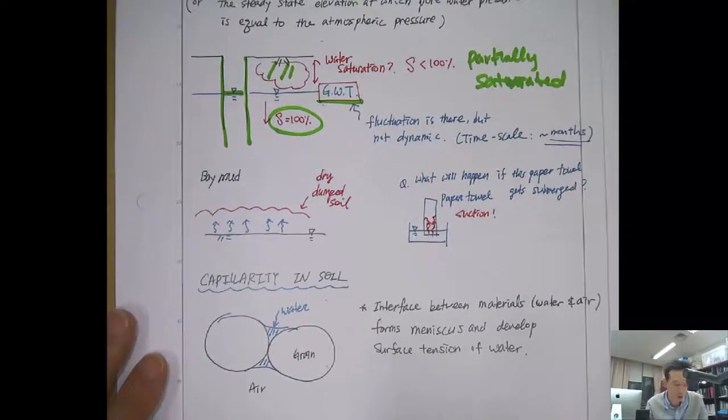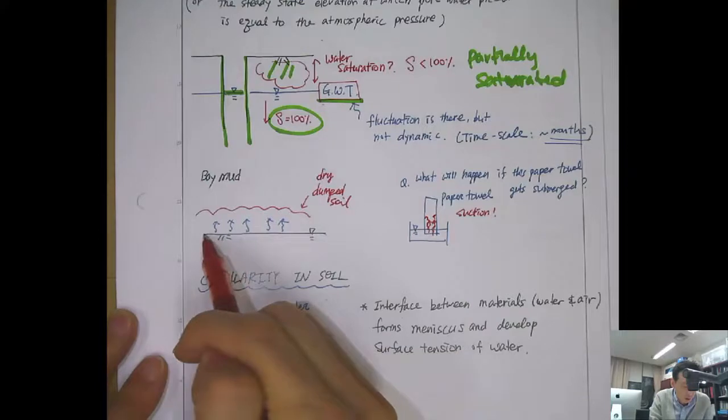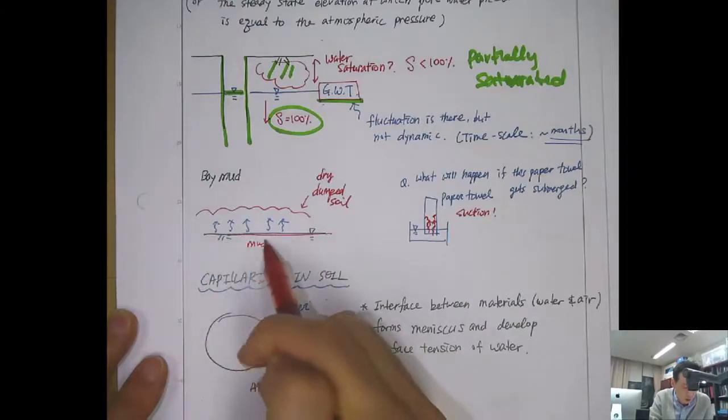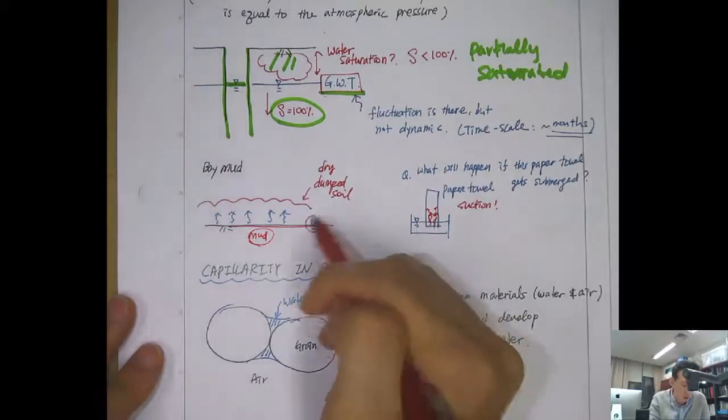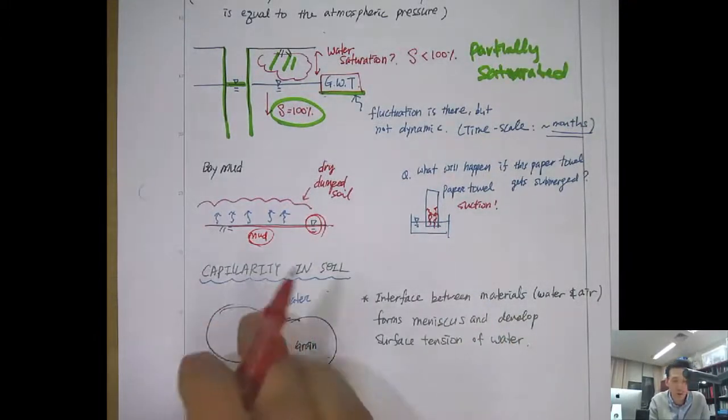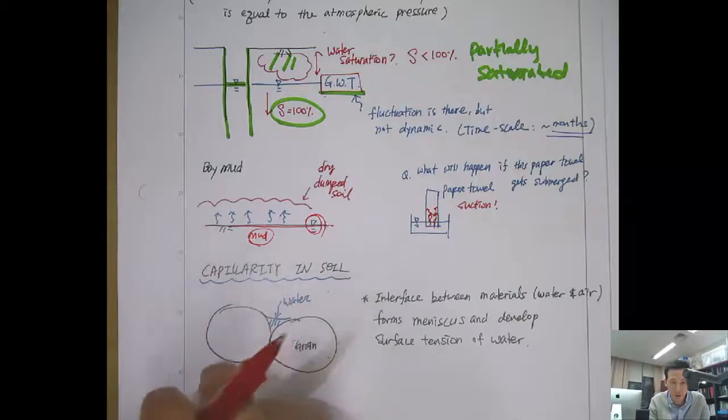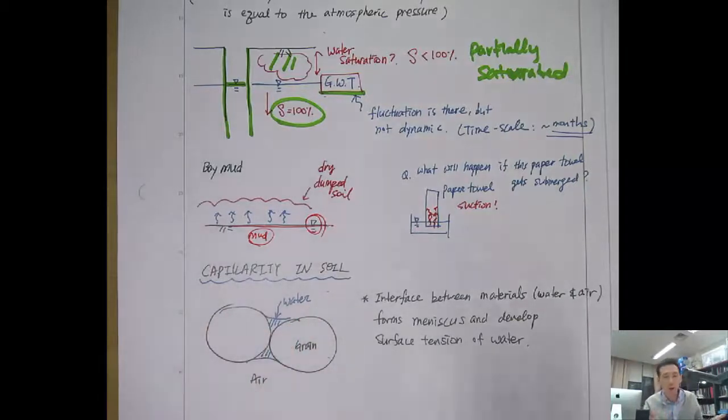So this is the mud, right? The bay mud, and the groundwater table is at the same elevation as the ground surface. And if you dump dry soil on that mud for reclamation, maybe you are building a pavement or road or asphalt, then you have to pour the soil and compact it, right, to be flat.